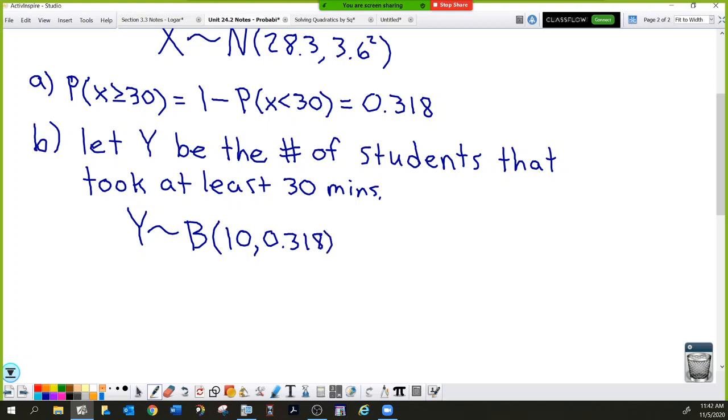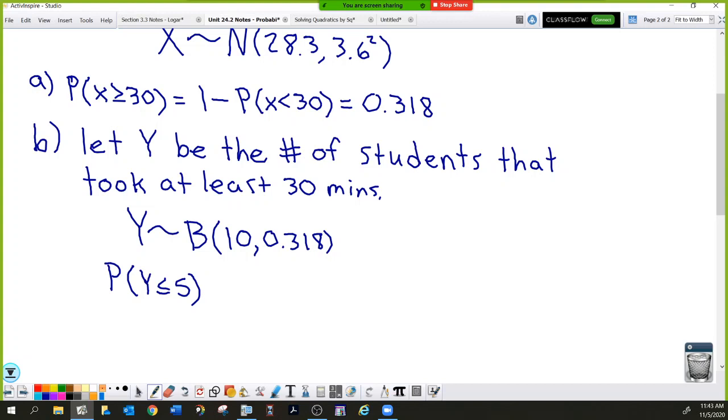We have been asked to find the probability that at most half of them took at least 30. So this is a binomial CDF with their x value being 5.